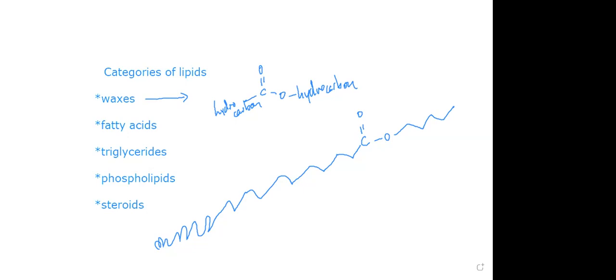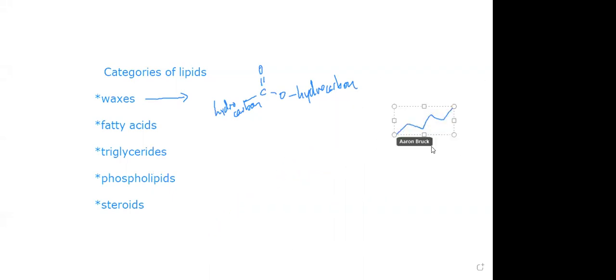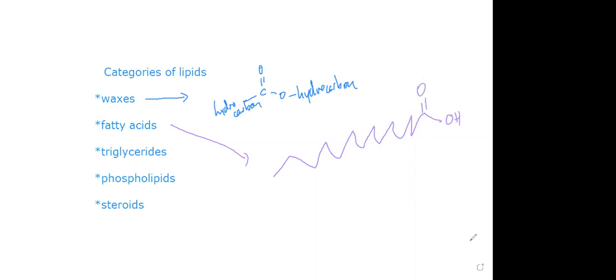And if we compare that to just fatty acids, we don't have the ester part. What we have instead, for fatty acids, is basically just a long chain acid.